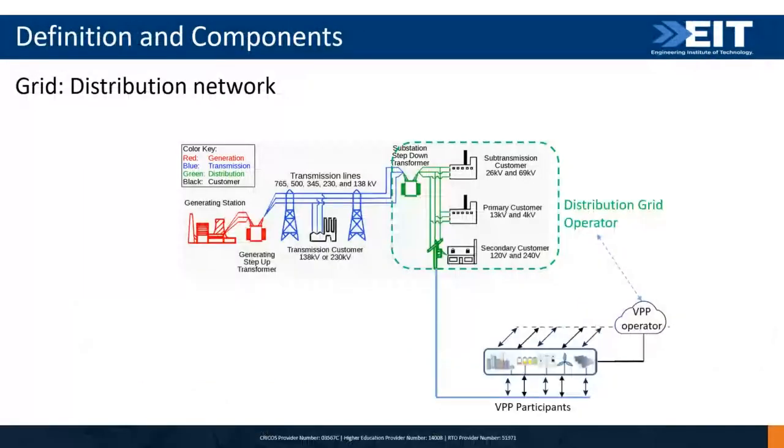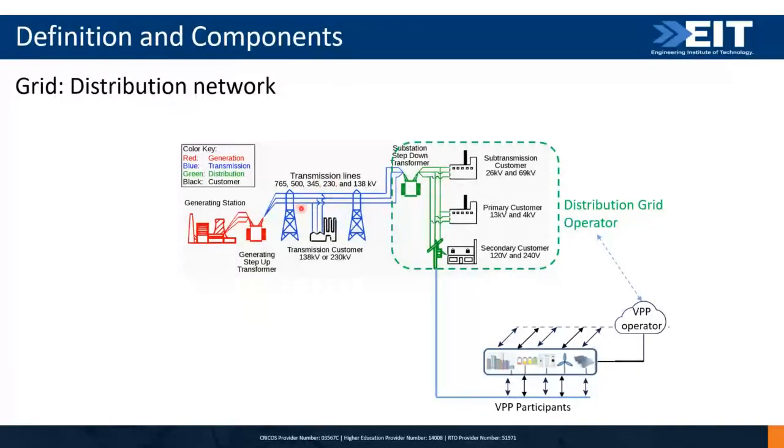Now, as you saw, another component of VPP is the grid. Some of you may be familiar with how our electricity network is set up physically. So it starts with the generating station. Especially in this part of the grid, we have thermal power plants that generate electricity in bulk, and the electrical power then goes to the high voltage transmission network.